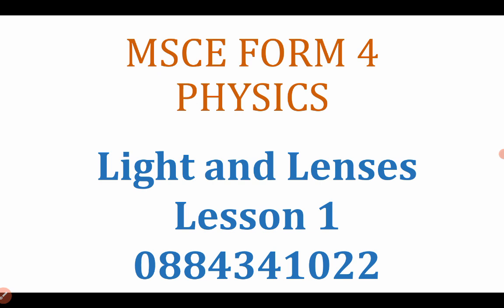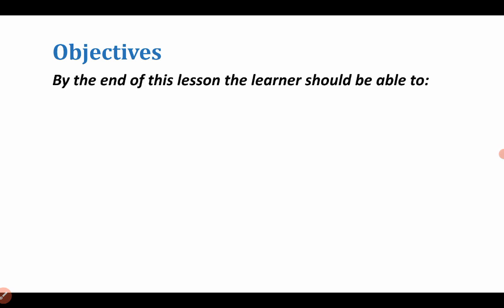So without much ado, without talking too much, let's look at what we are going to be looking at in this topic. This is the topic called light and lenses. It's a Form 4 topic. It is my expectation that after you've covered the topic in its entirety, you should be able to do the following things.